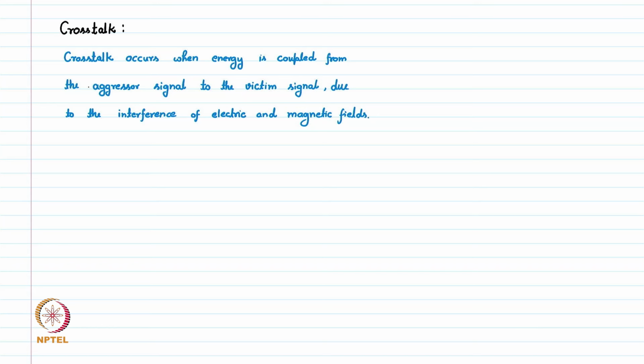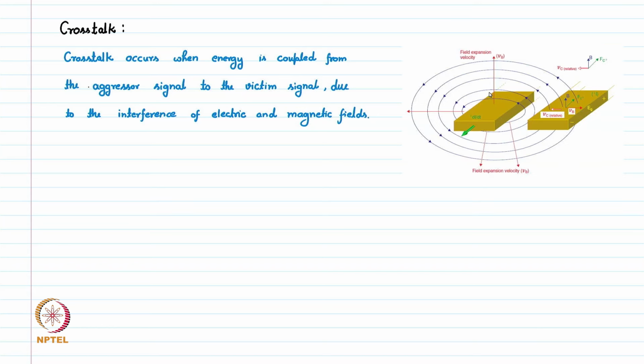So for example, we have an aggressor track. Let's say this is our aggressor. So this wire is carrying a voltage.